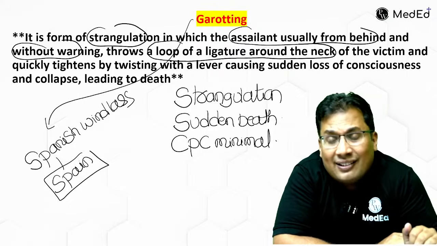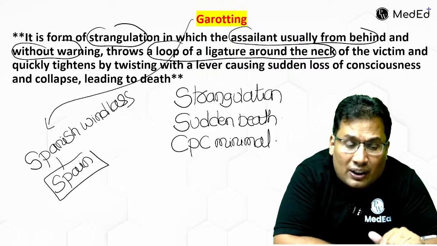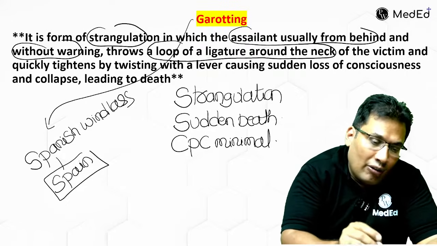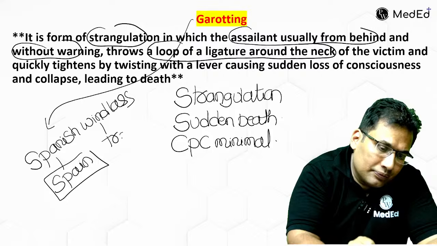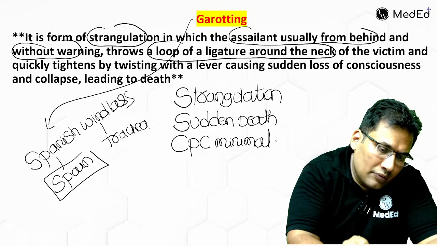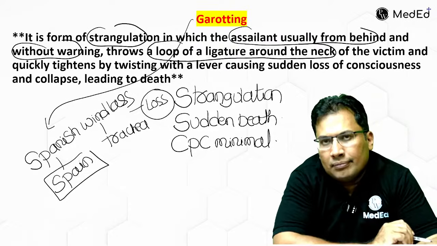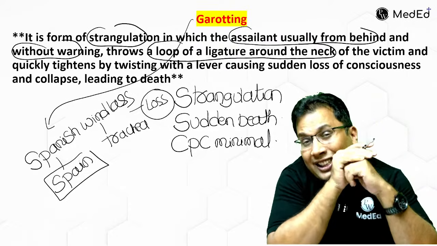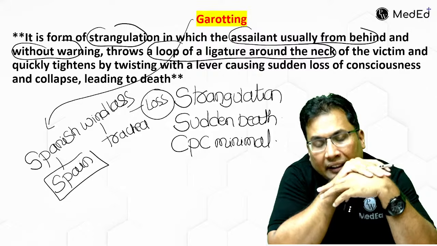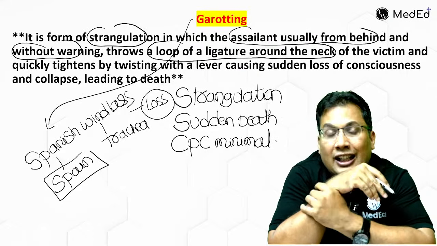It was practiced in Spain and Turkey, that's why it is known as Spanish windlass. Wind means trachea. Lass means loss. This can be a 3 marks question: what is Spanish windlass?